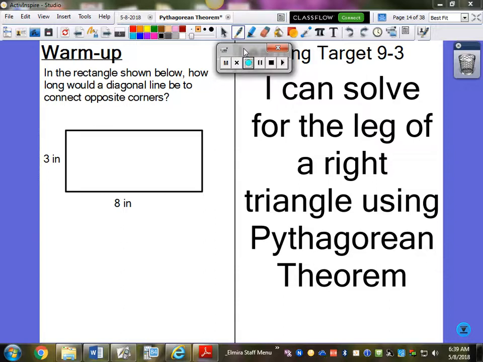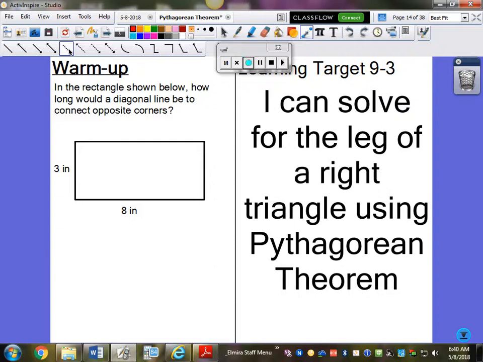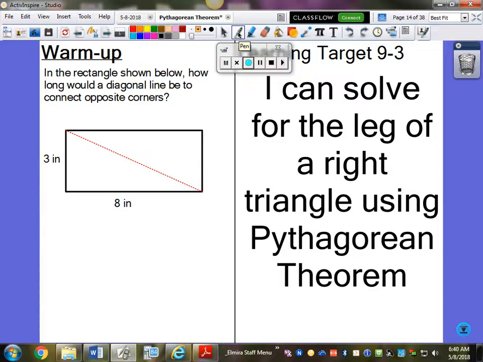Okay, so if I drew a diagonal line to go from corner to corner, okay, and we're asking how long is that line?